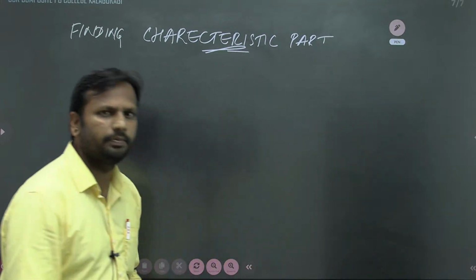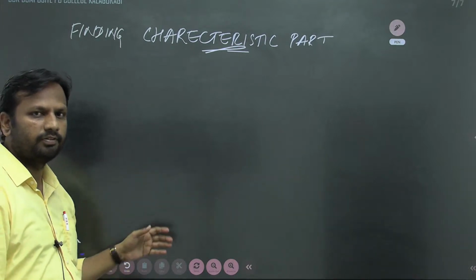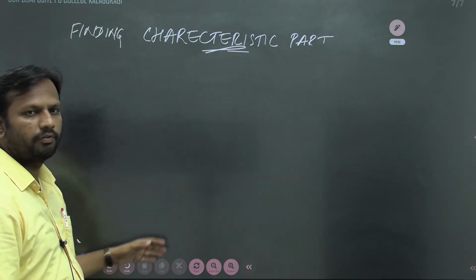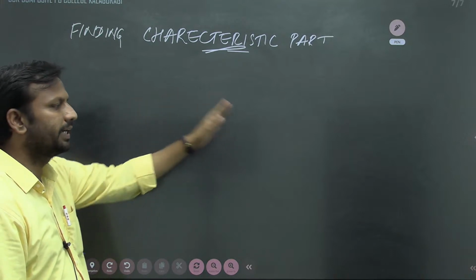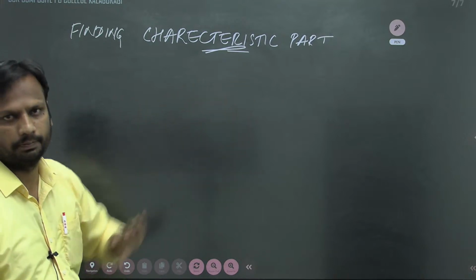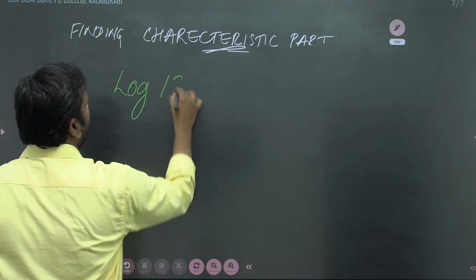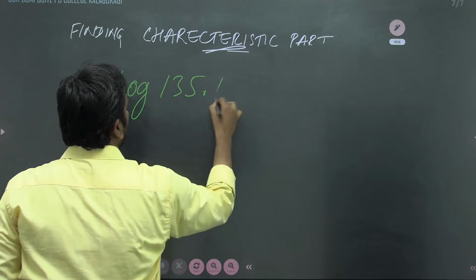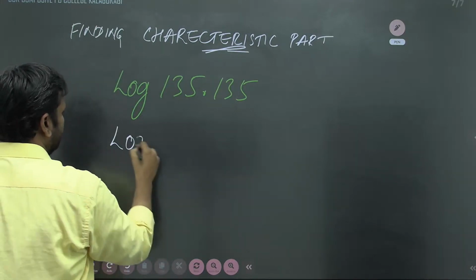Right, now let me randomly give you some log of value questions, the log of a number here. Now check it out. What will be the characteristic part? Randomly, I'll be providing the questions here.